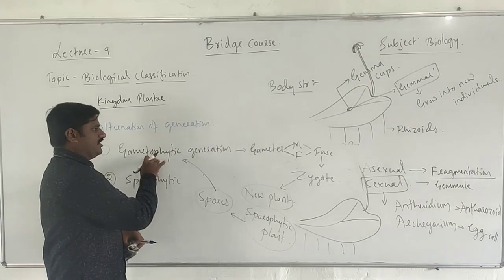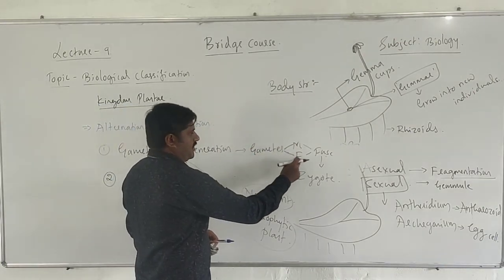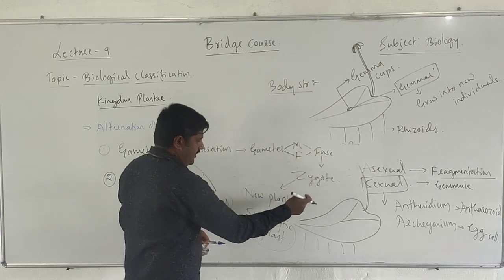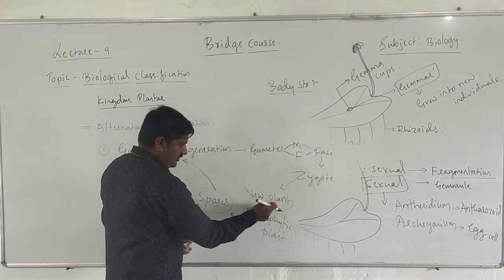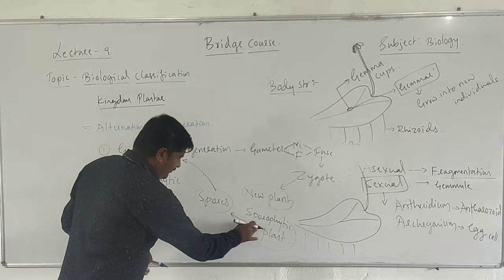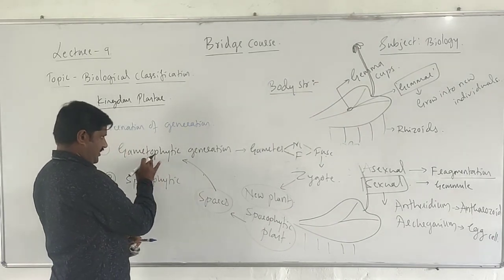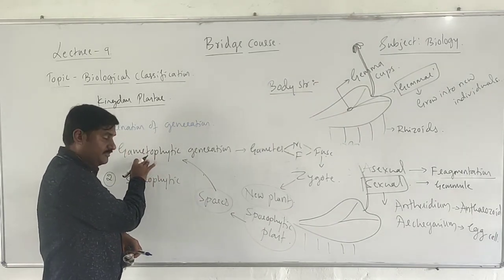Once again, the gametophyte produces gametes. Gametes fuse to form a zygote. The zygote grows into a new plant, and this new plant is the sporophytic plant. And the sporophytic plant in turn produces spores and produces the gametophytic plant.